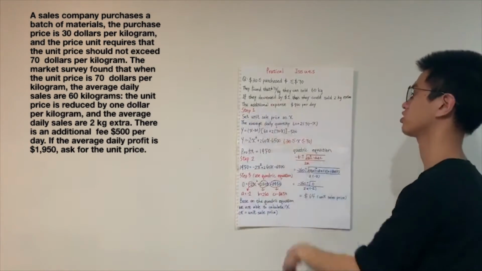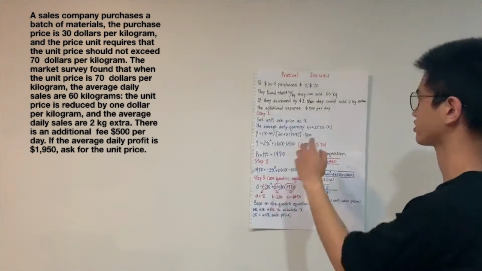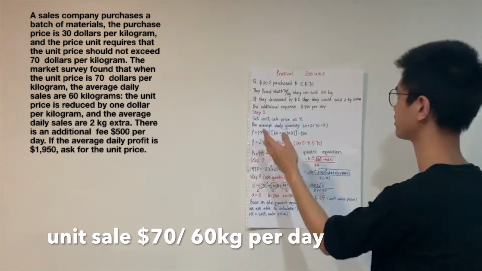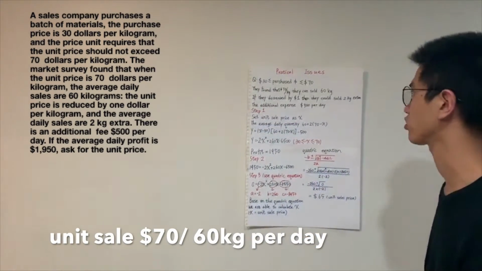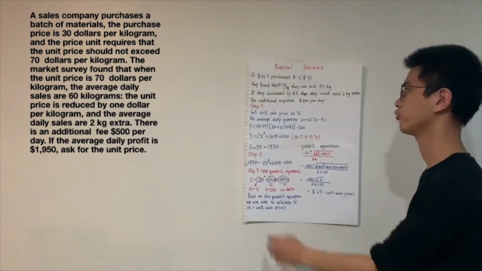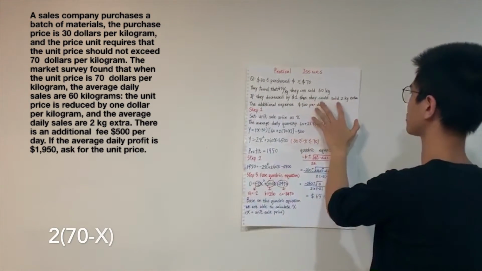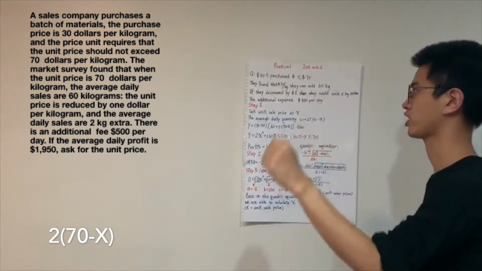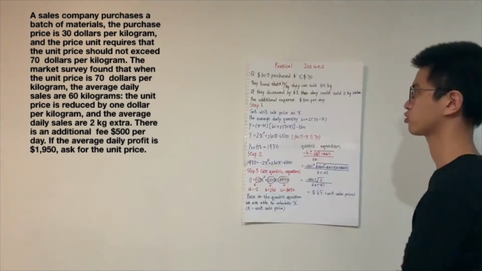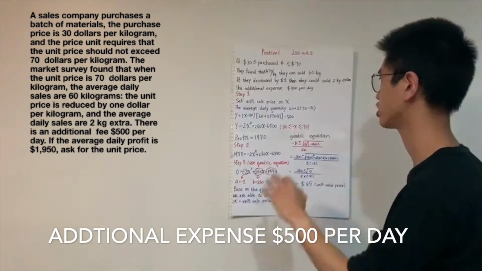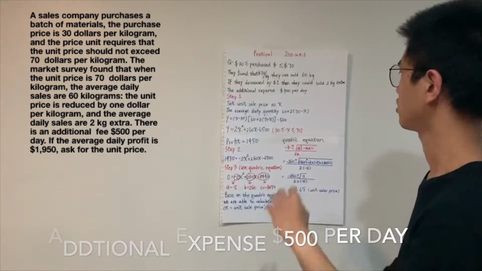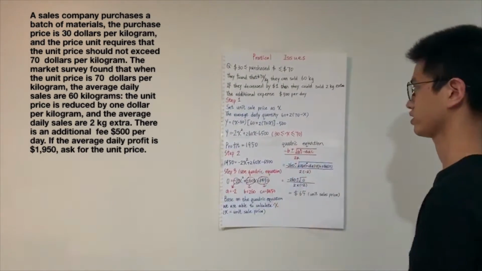Then they found that if the price is $70, then they can sell 16 kilograms every day. If they decrease the price by $1, they could sell 2 kg extra. Then they still need to pay additional expenses of $500 every day.